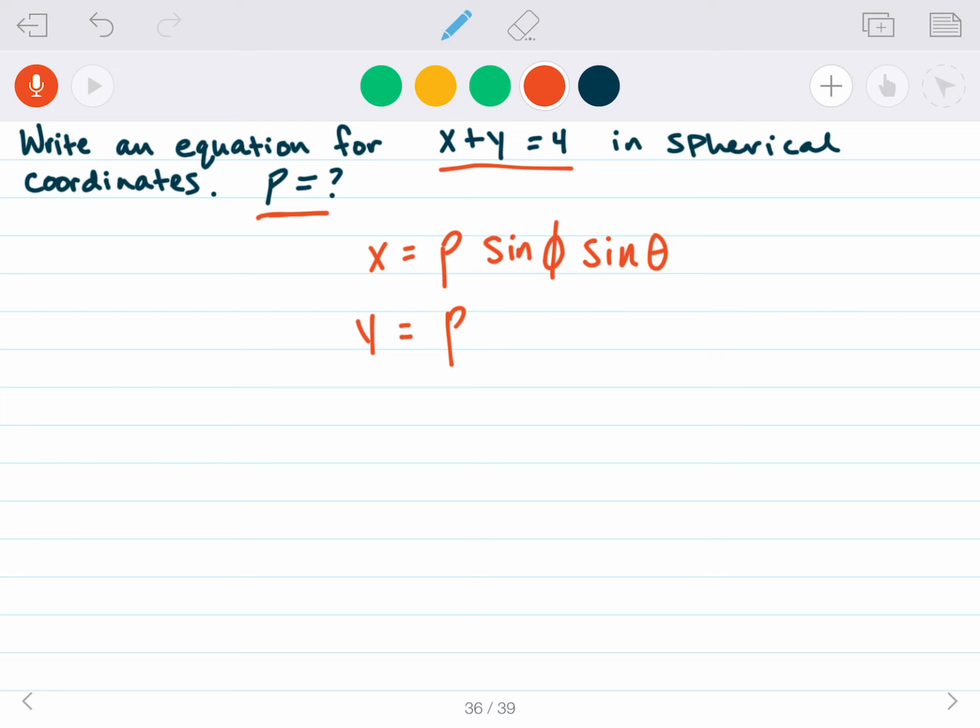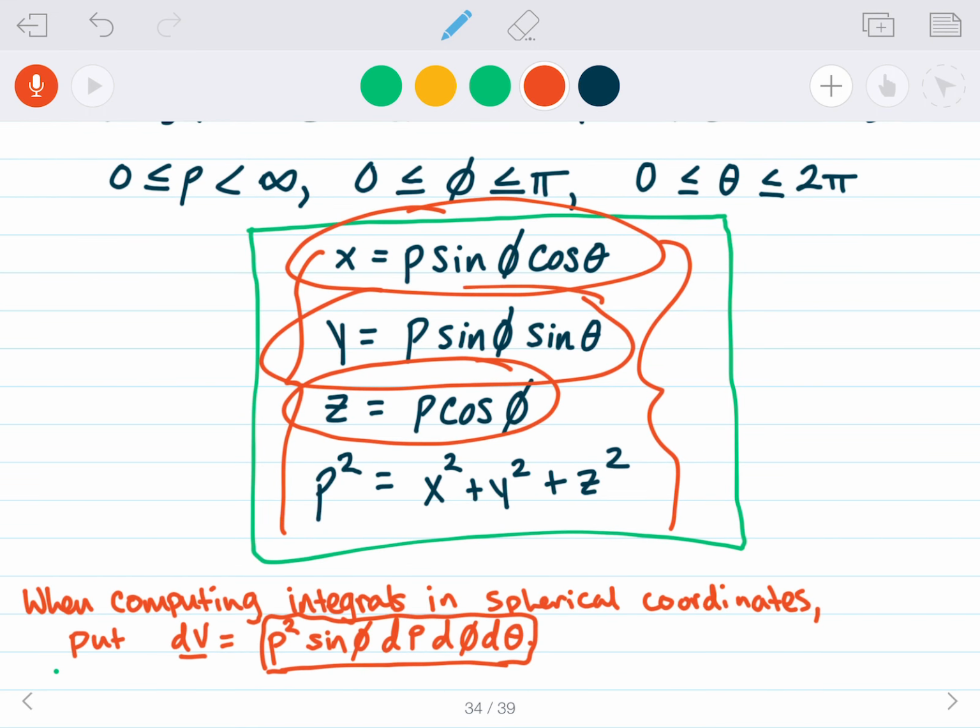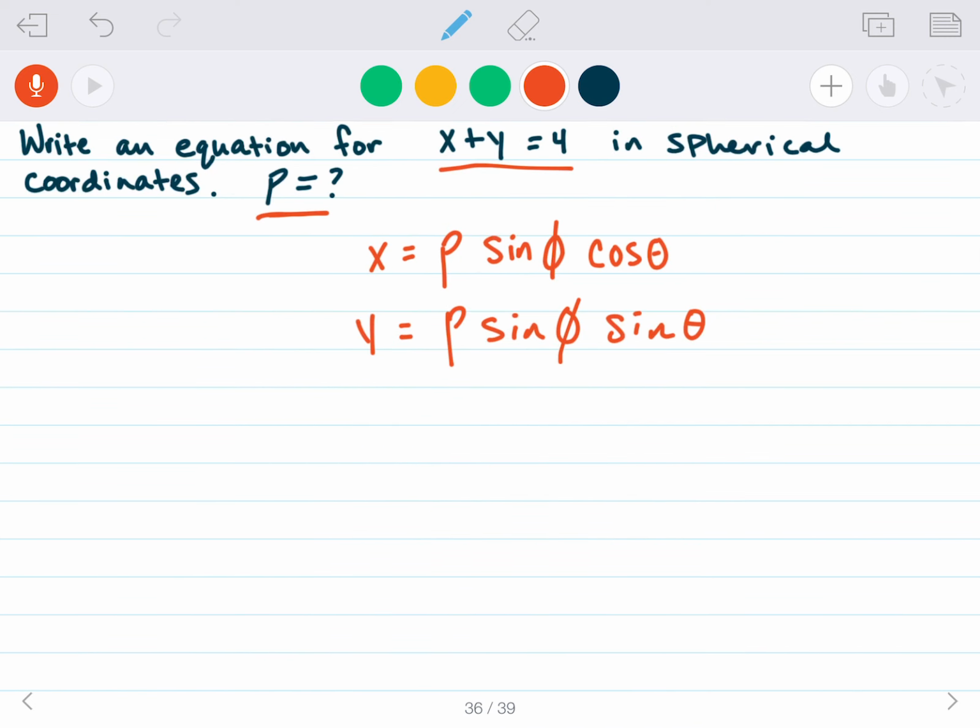So this is sine phi cosine theta. Alright, so those are my identities here. Okay, so now all I have to do is sub these in. So x is rho sine phi cosine theta, and we're going to add y, which is rho sine phi sine theta, and this equals 4.